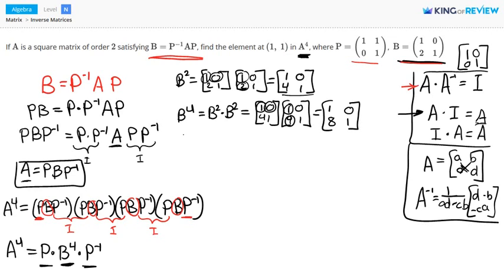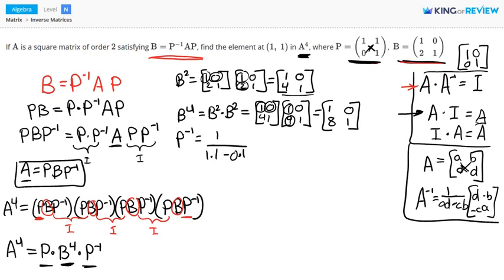So now let's set up what P inverse is. We know what matrix P is here, so we have 1 over the determinant of P, so we have the product of the main diagonal, 1 times 1, minus the product of the entries in the other diagonal, 0 times 1. So this is 1 over, and when you simplify the denominator, you'll get 1.